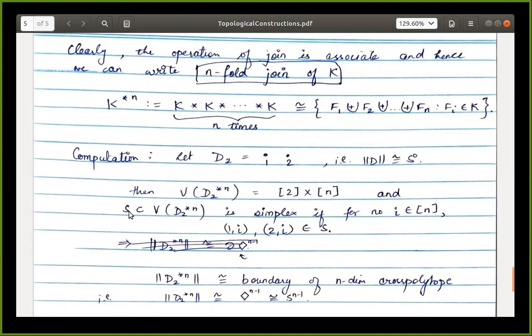And a subset of this is a simplex if and only if (1,i) and (2,i) do not both belong to it, right? Because if (1,i) and (2,i) belong to this set, this cannot be a simplex because {1,2} is not a simplex. 1 is a disjoint point, 2 is a disjoint point.